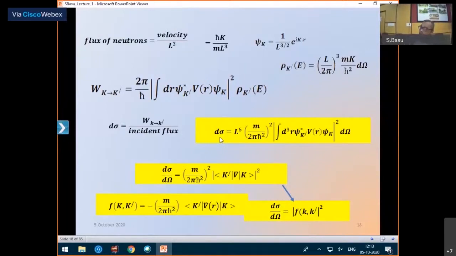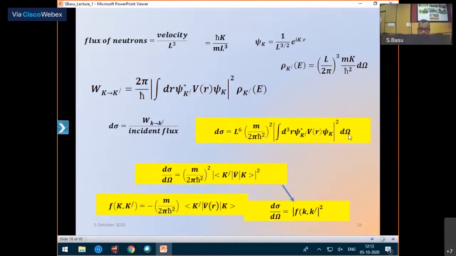To start with, I have a static system in which I am trying to evaluate the neutron scattering per unit solid angle for a neutron of incident energy and wave vector k, and this is the expression I get finally. I'll be uploading this talk on the site, so you can download and have a look at it. Any queries, please write back to me.